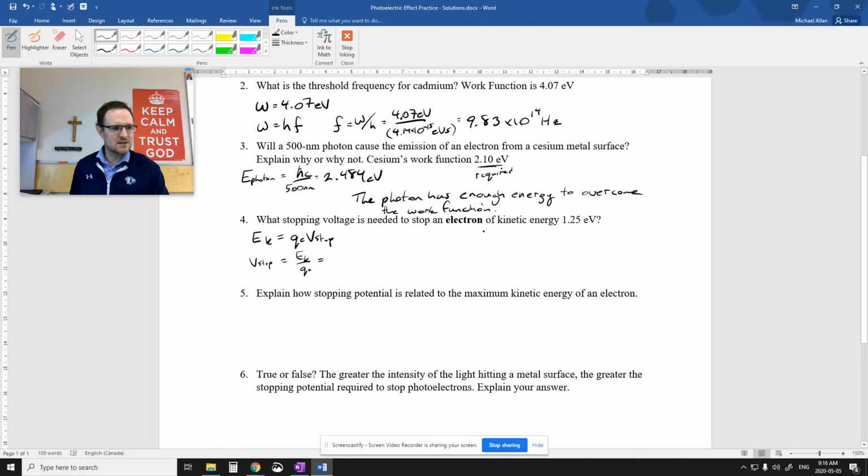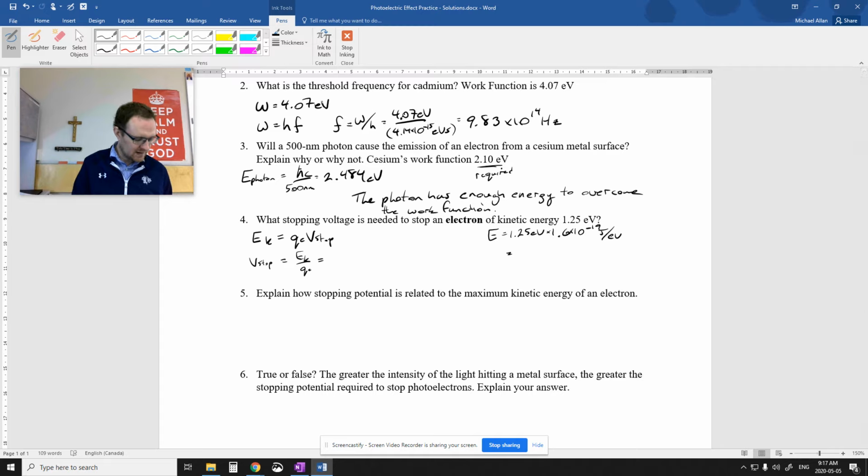But the fun thing about this is if I change this to joules, which I'm going to do, I might as well just do it. This energy times 1.6 times 10 to the negative 19 joules per eV. So I'm multiplying it by 1.6 times 10 to the negative 19.